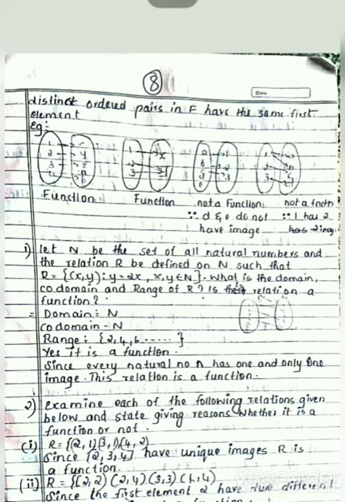So the elements don't have two images and all the elements have images, so that relation is a function. Next, see the second example. In that also, see the first condition. All the elements have images.